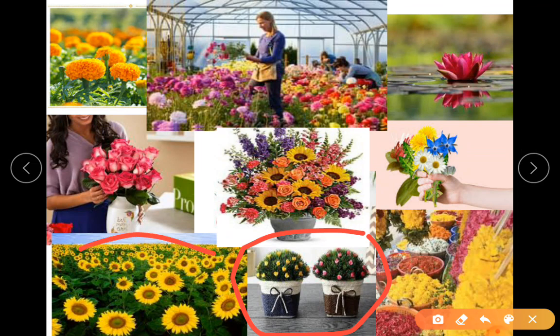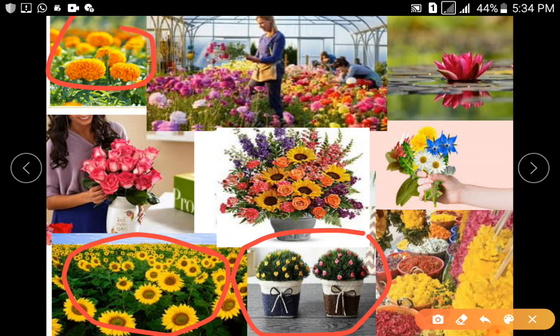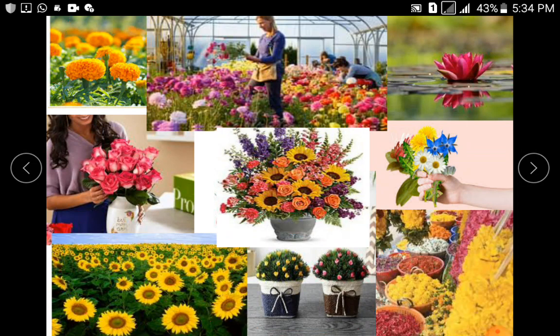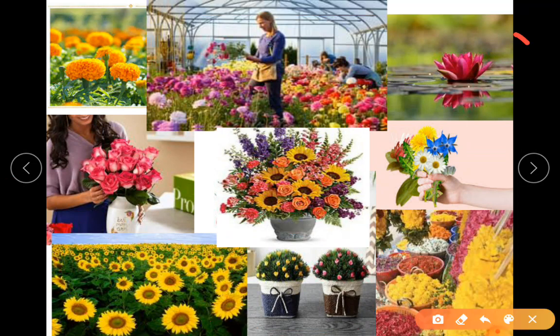Then you have your field, the sunflower plants, the ones which we are very much attracted to. Then marigold. Then you have your lotus here, the national flower.